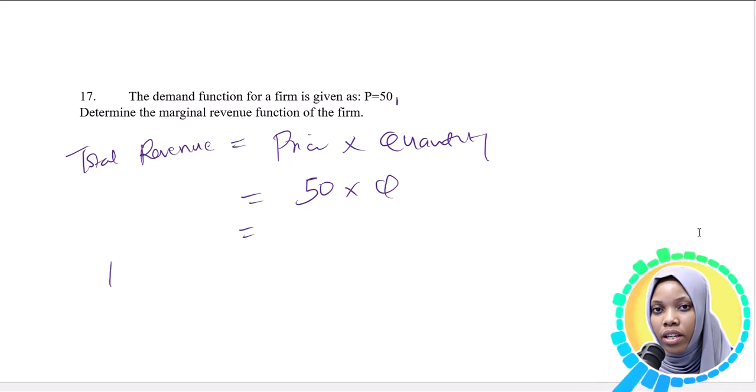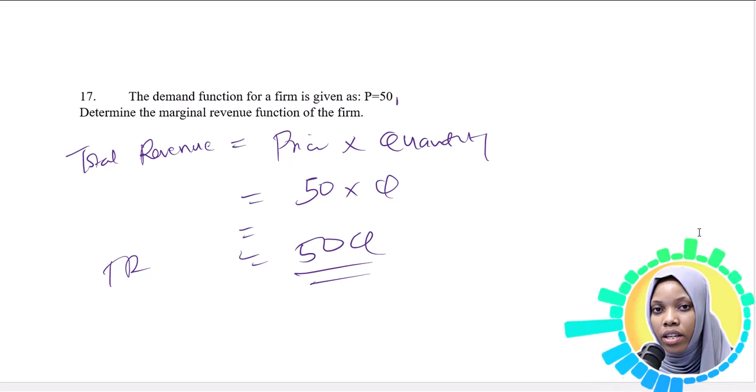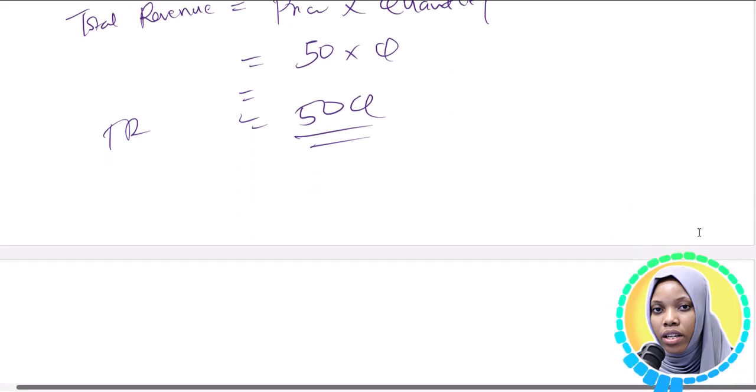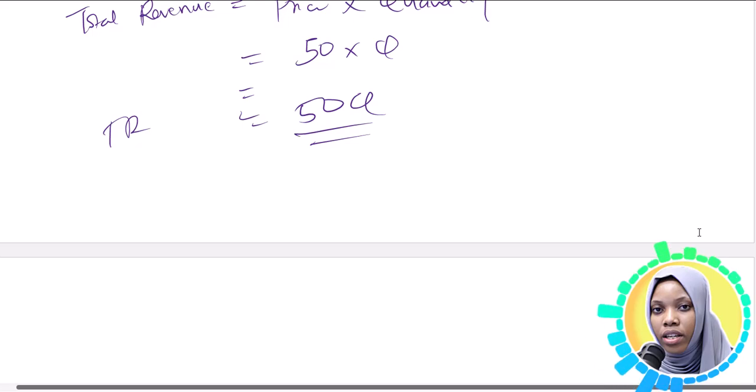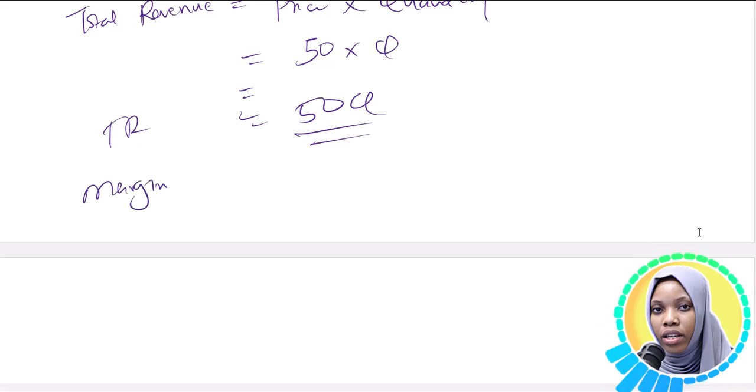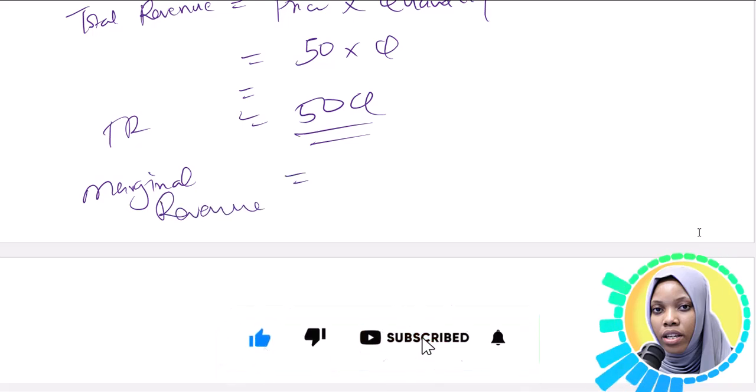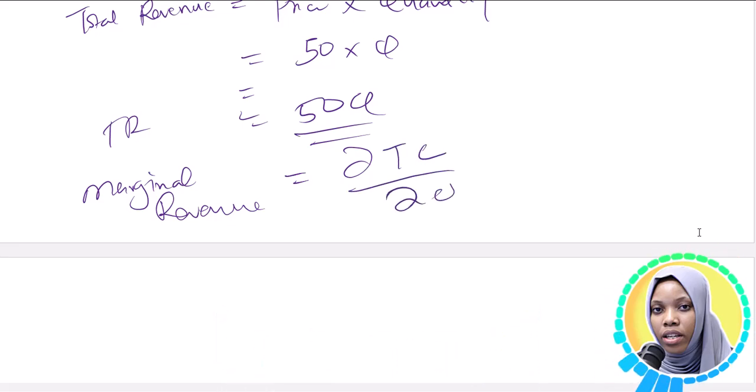So total revenue equals 50Q, and then we are supposed to determine the marginal revenue function of the firm, and we know that the marginal revenue, just like what we did to marginal cost, equals, you differentiate total revenue with respect to Q. Here I'm going to differentiate 50Q with respect to Q, which equals 50.